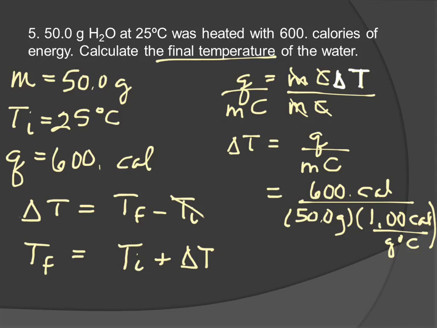Okay, so now we do the math. 600 divided by 50 divided by 1, and the calculator will say 12. Do the units work out? Calories cancel, grams cancel. We end up with degrees Celsius.